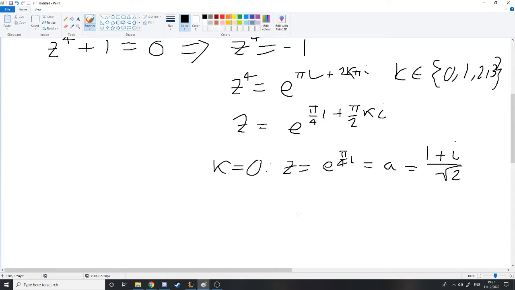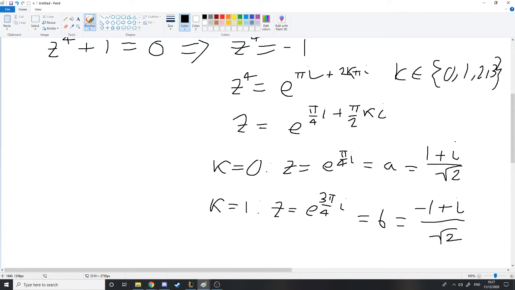And then the other unique non-conjugate root, with k equals 1, is e to the 3 pi over 4 i, which is minus 1 plus i over root 2.